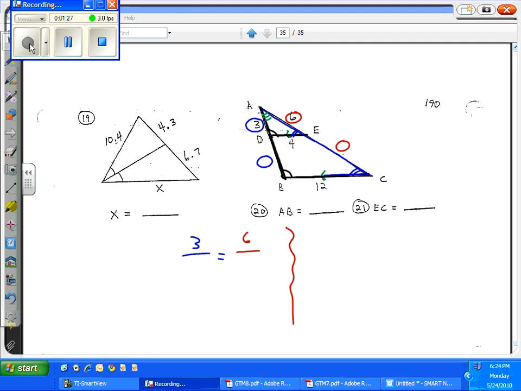If they're similar, then we could say that bottom of little 4 over bottom of big 12 is equal to left side of little 3 over left side of big, which would be AB, is equal to right side of little 6 over right side of big AC.